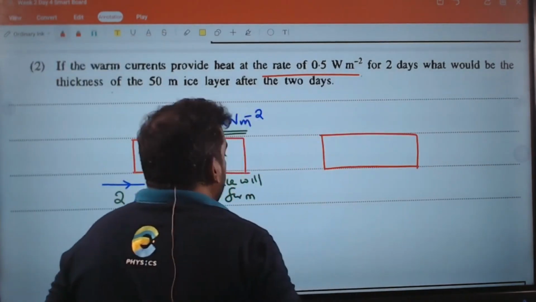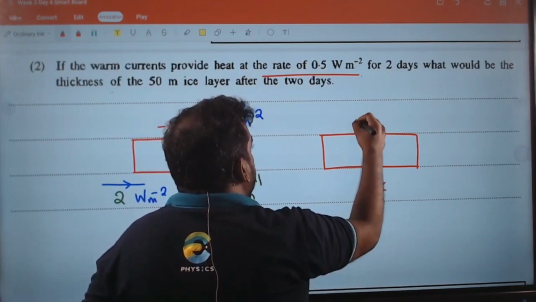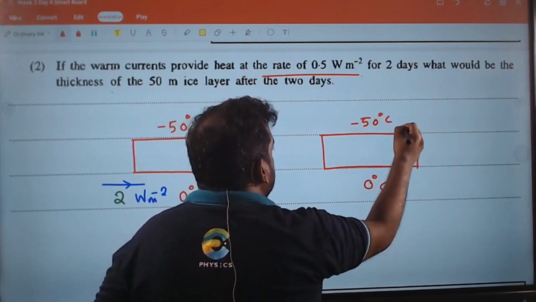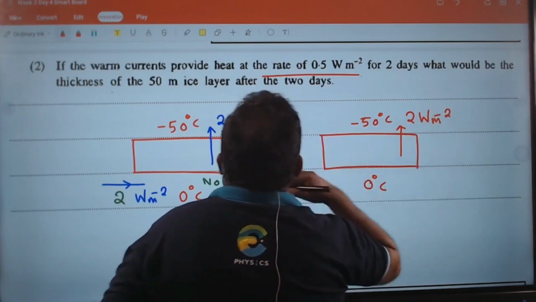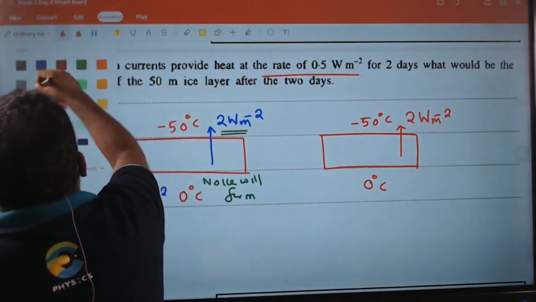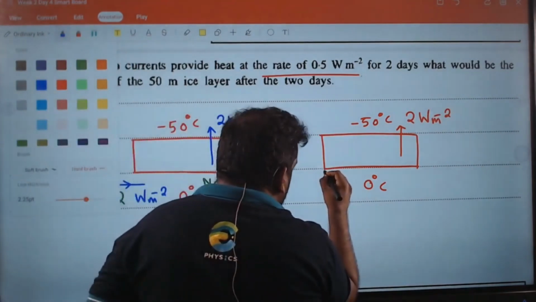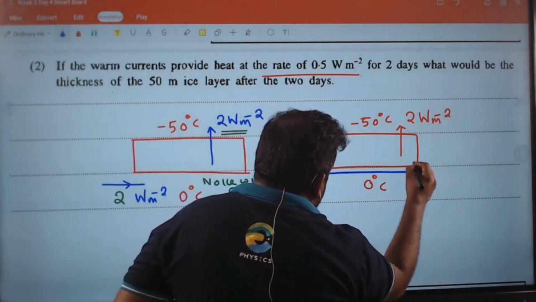Now the ice layer is there. Here 0 degrees Celsius, here minus 50 degrees Celsius. Heat flowing through is 2 watt per meter square. Will ice form? Yes, ice is going to form.